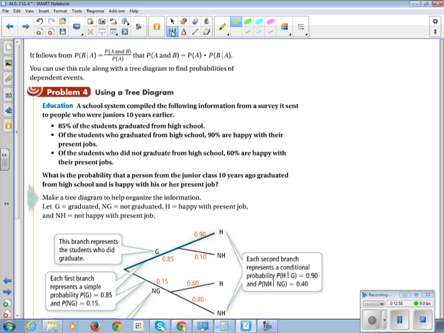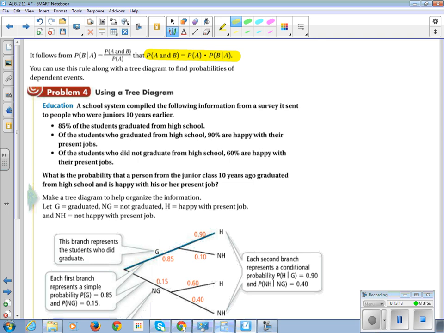So let's just write this down. You can use this rule along with the tree diagram to find the probabilities of dependent events. So let's look at the sample problem, and then we'll do a problem together.